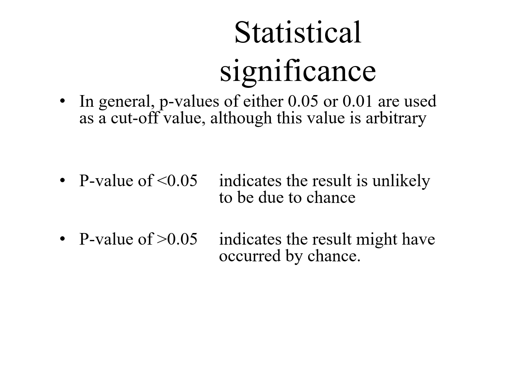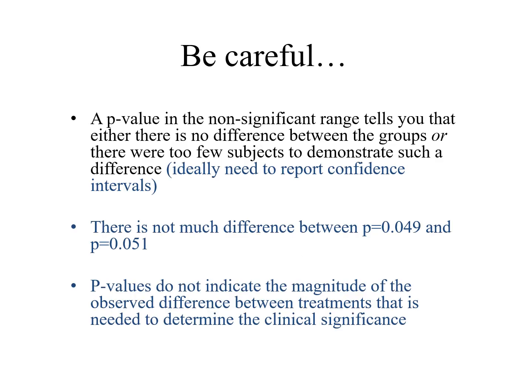So your p-value usually cutoff is 0.05. Less than 0.05 indicates the result is unlikely to be due to chance. Greater than 0.05 might have occurred by chance. Be careful.